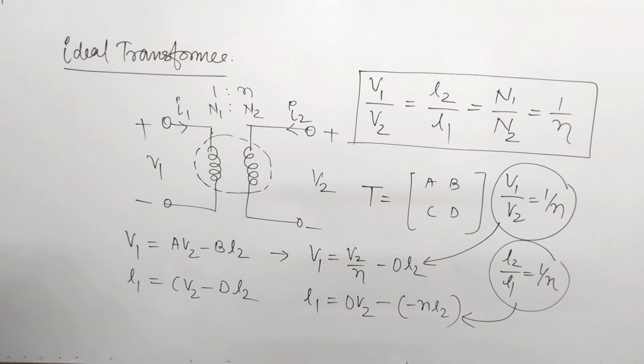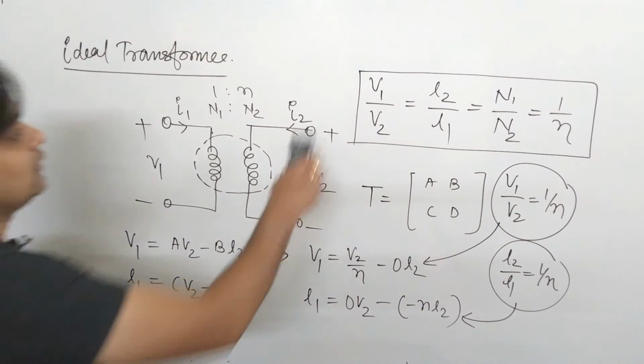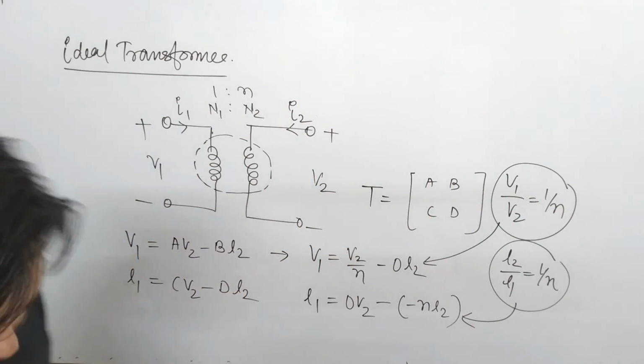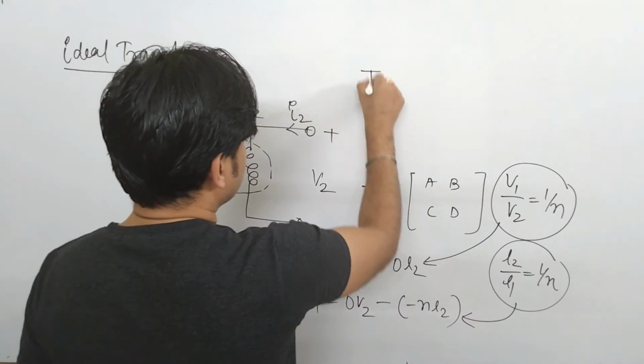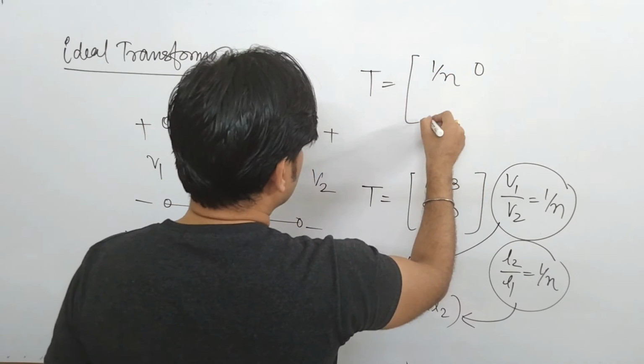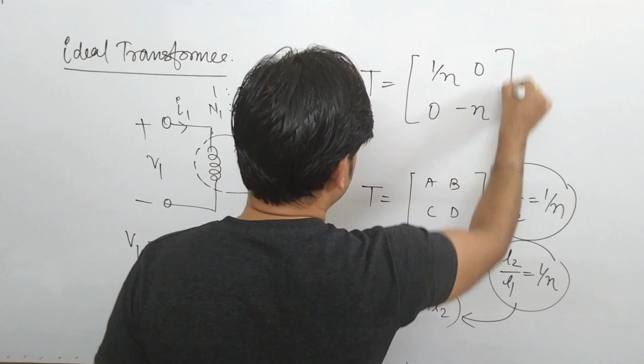Now if you find the T matrix for this condition, the transmission matrix comes to be 1 by N, 0, 0, minus N. Very important.